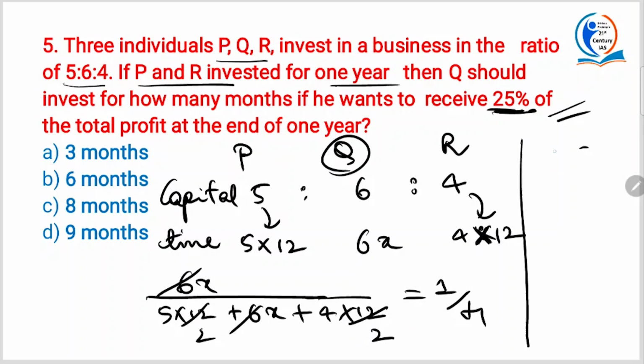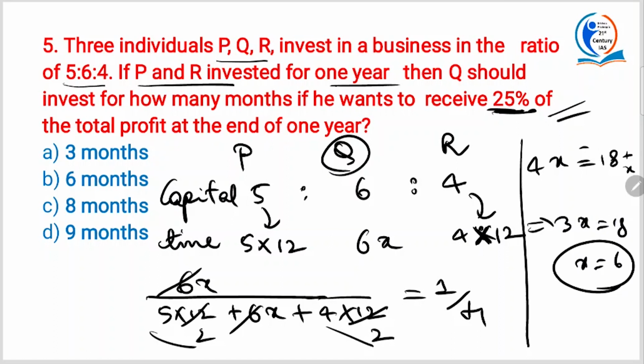It will be equal to 4x is equal to 10 plus 8, 18, plus x. So 3x is equal to 18 and x is equal to 6. So he has to invest for 6 months. Q has to invest for 6 months in total to receive 25% of the total profit. So B is the answer.